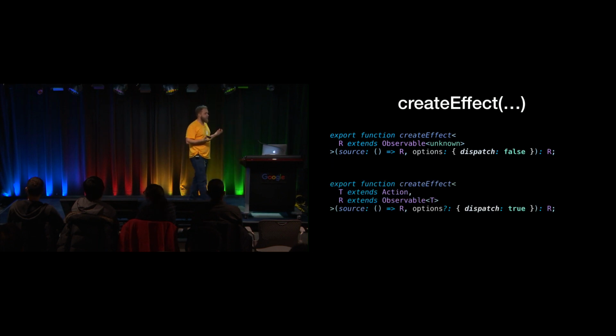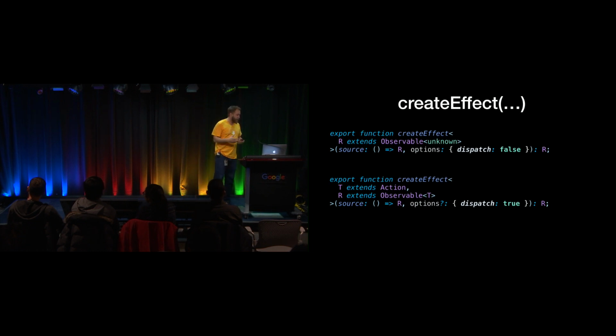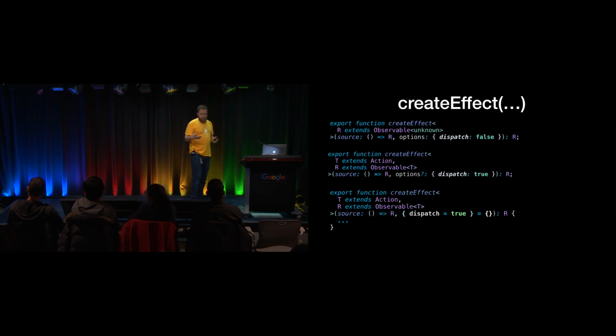Then we can have another function overload, and this is where dispatch is true. If the second argument is dispatch true, we need to return Observable of T, and T needs to extend Action. So this is combining the two. Then we need to have a basic implementation for both of those. This is actually an oversimplified version, because there were like 5 function overloads.